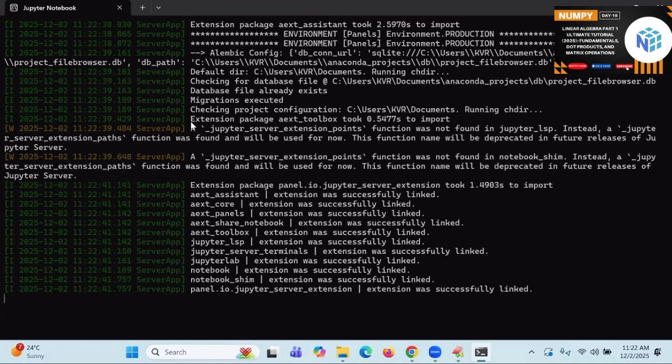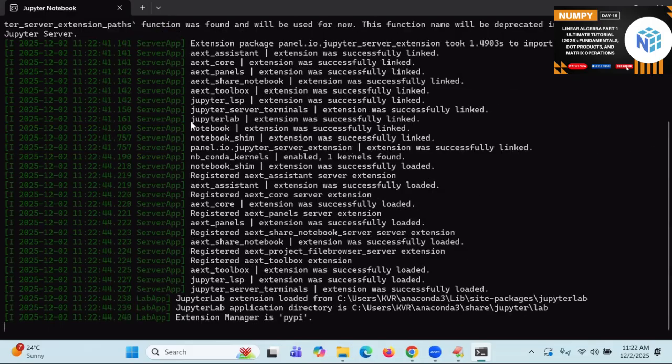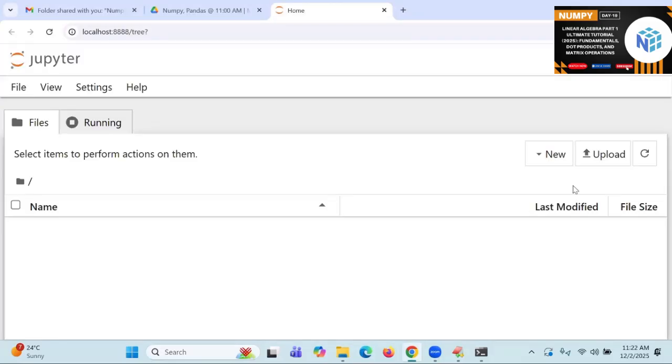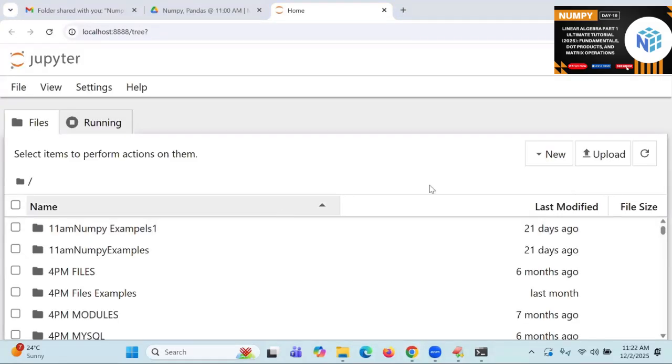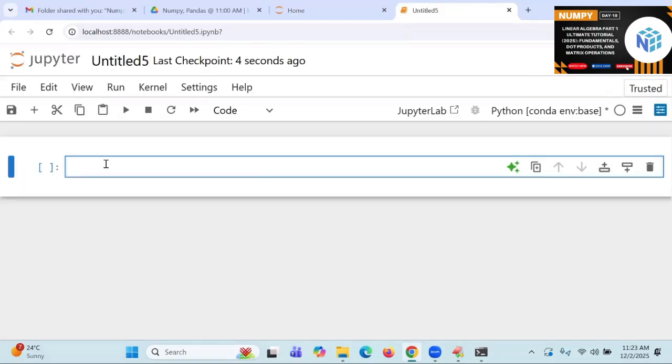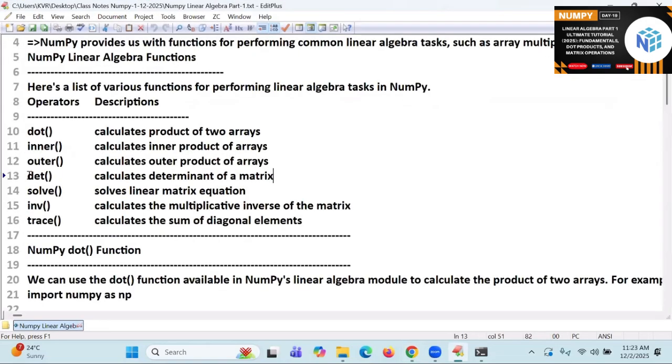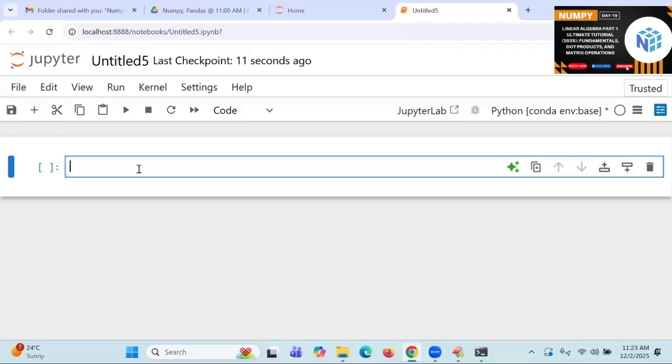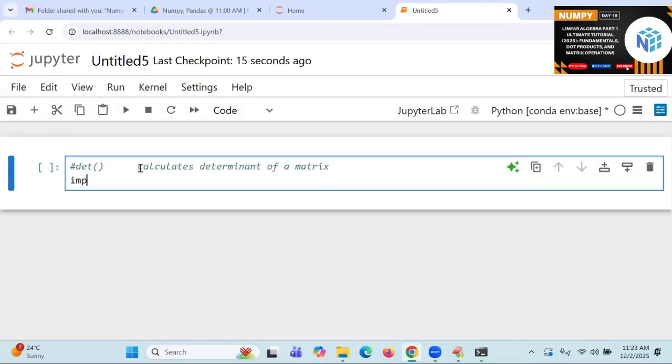All of you practicing, students? Right, so please practice it. Go to the new one. Now next I'll go to the determinant of a matrix. So here, import numpy as np.